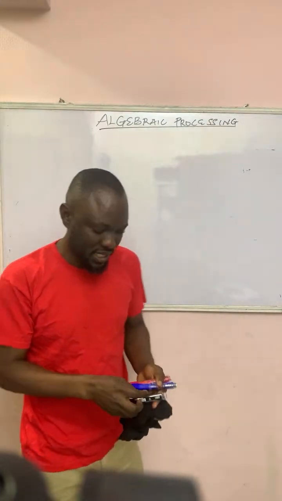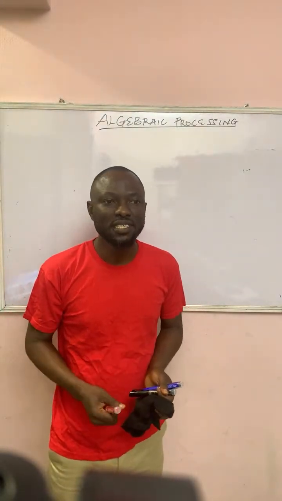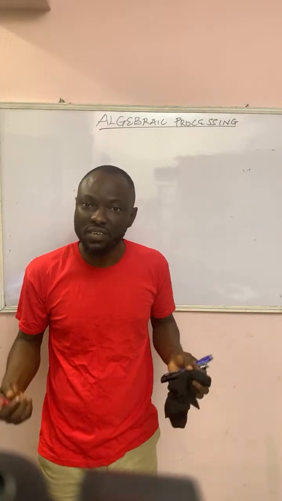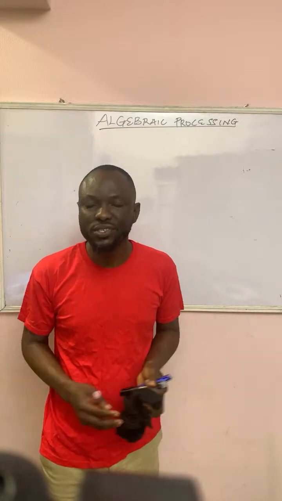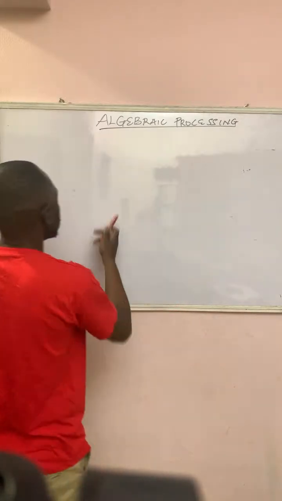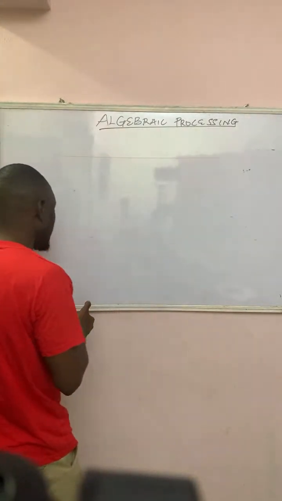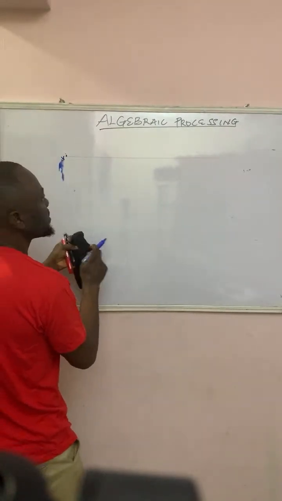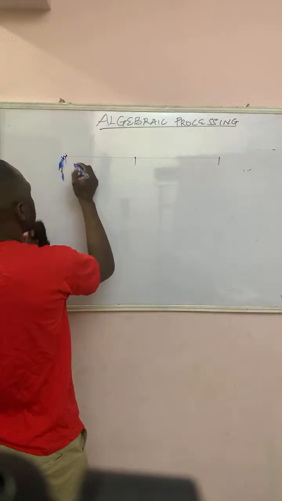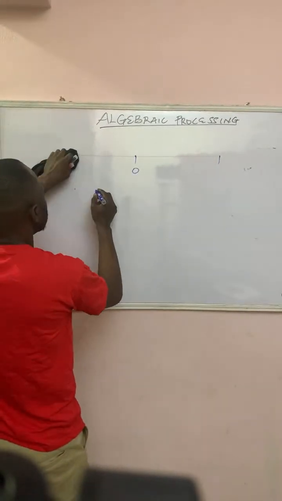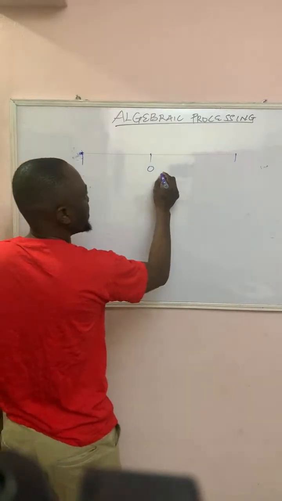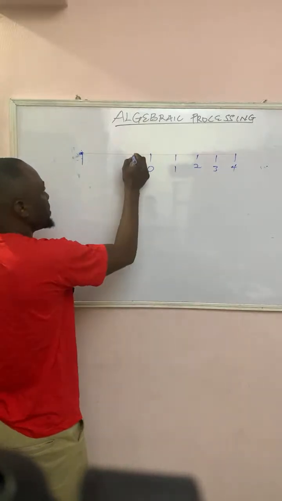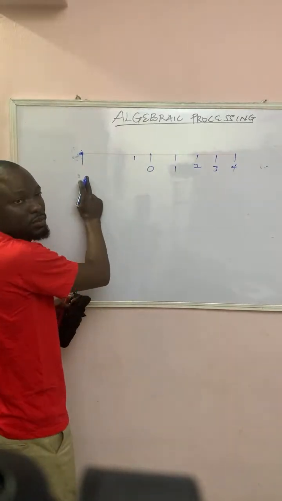Now, in algebraic processing, you need to understand the concept of negative and positive integers. They are very, very important in solving problems in algebra. For instance, this is your number line. You have numbers from 0, then 1, 2, 3, 4, which are increasing numbers, and these are decreasing numbers from 0.